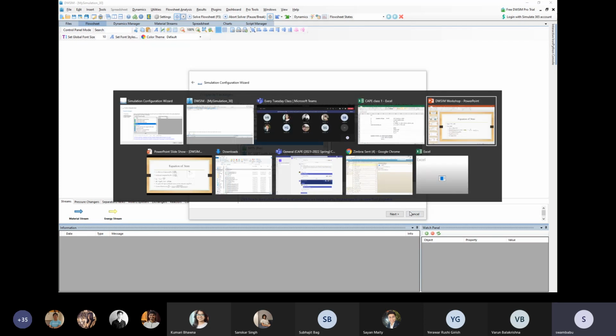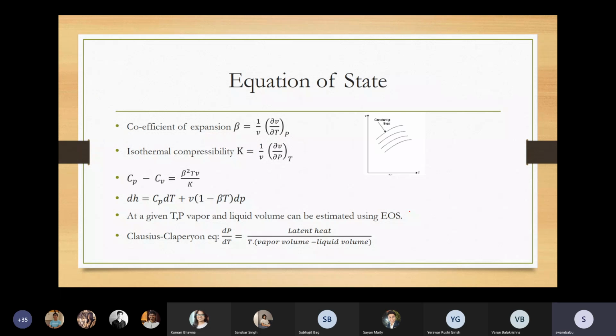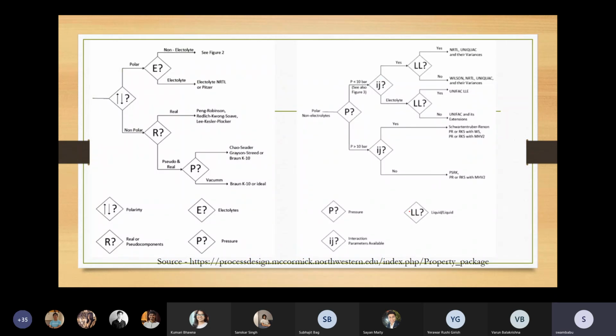There is a proper guide available to select which property package, because if you select the wrong property package, you will get the wrong properties. You will not be able to predict the properties very well. If the properties are wrong, all the calculations go in vain.